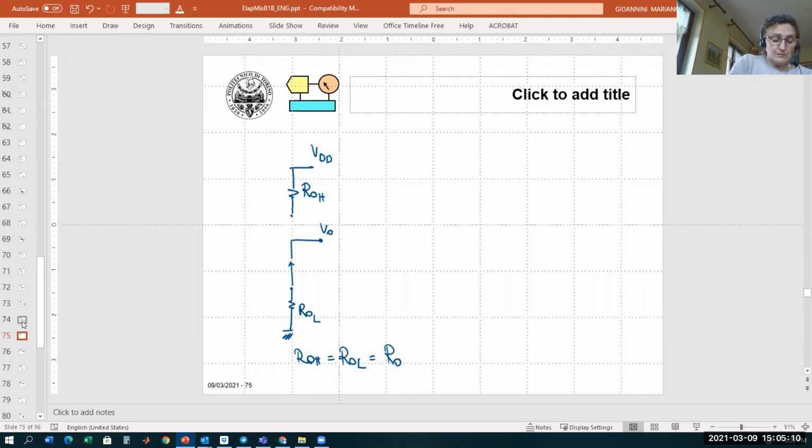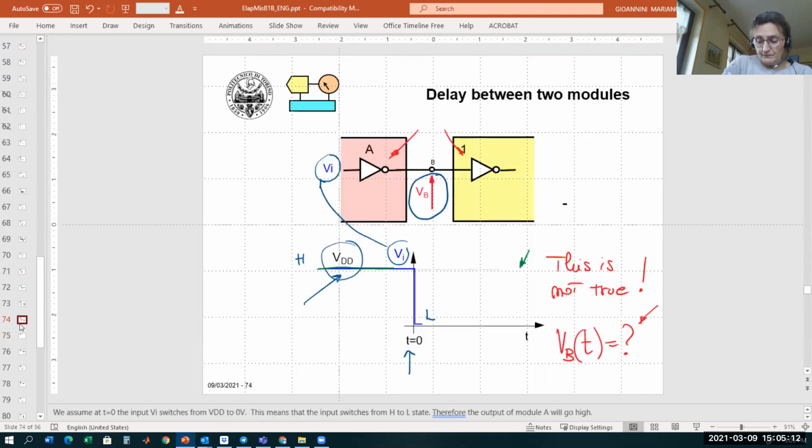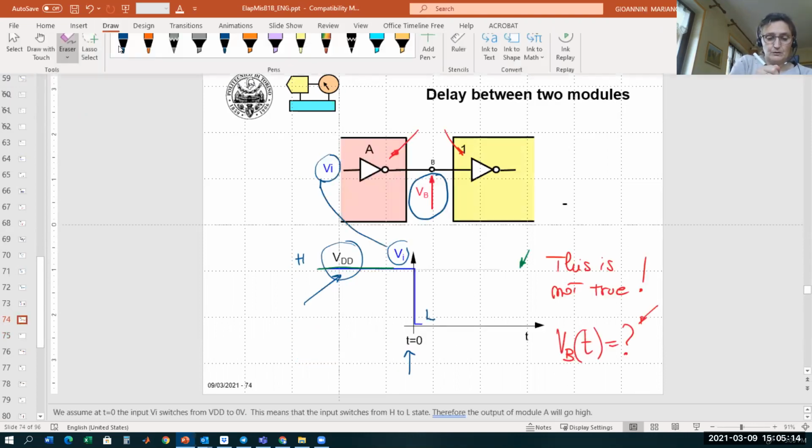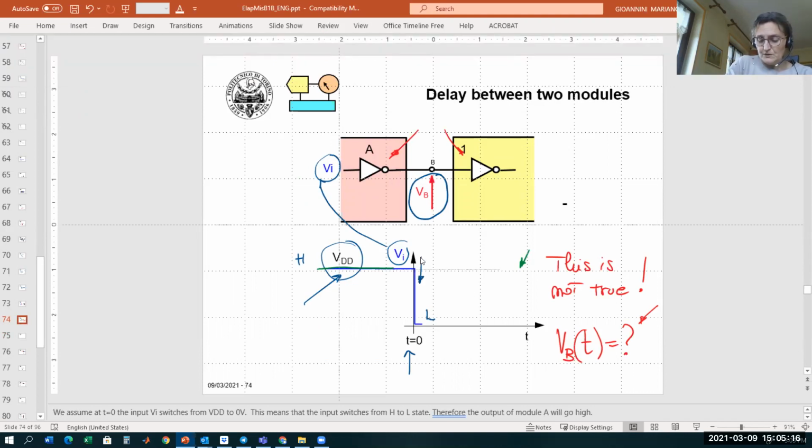Then at the time instant t equals 0, so here in this point now, we have an instantaneous switch of the input. It means that the input, boom, goes to ground, to 0.